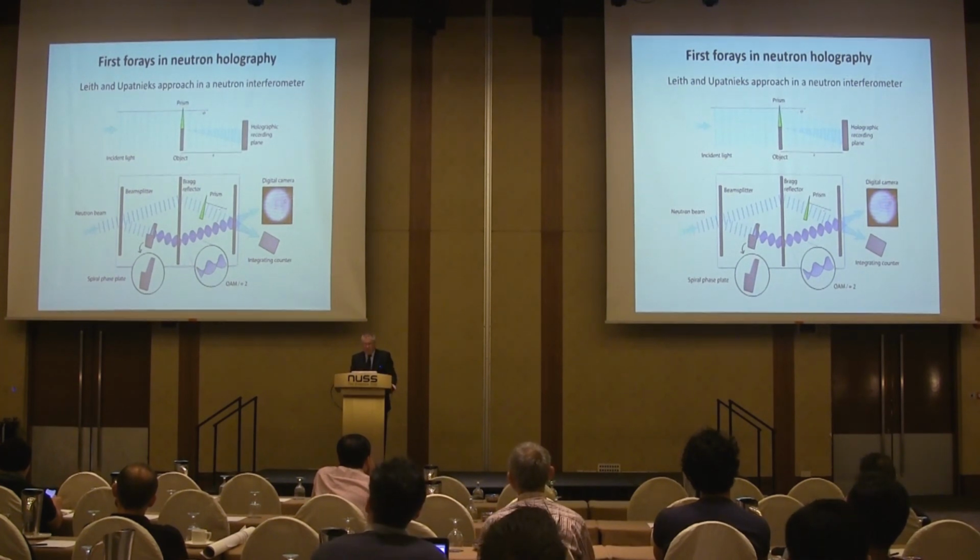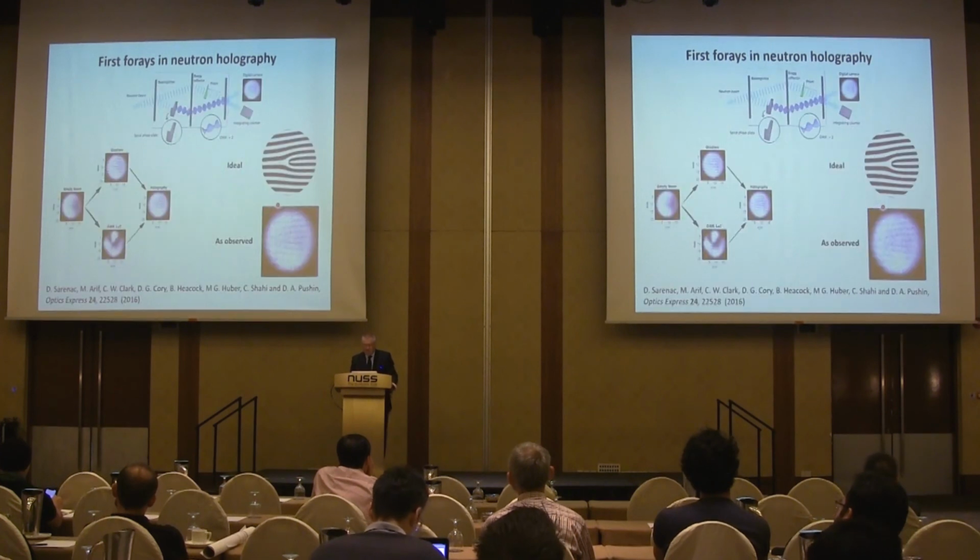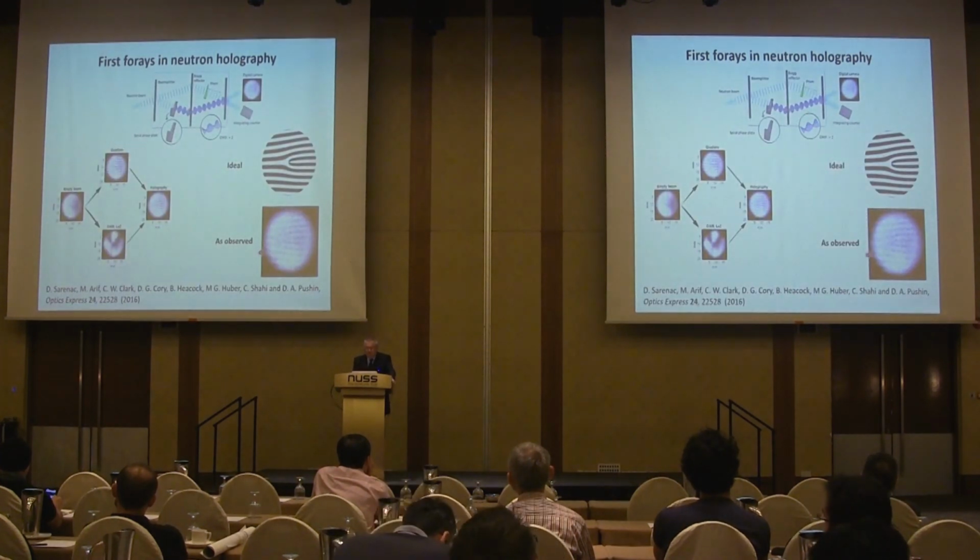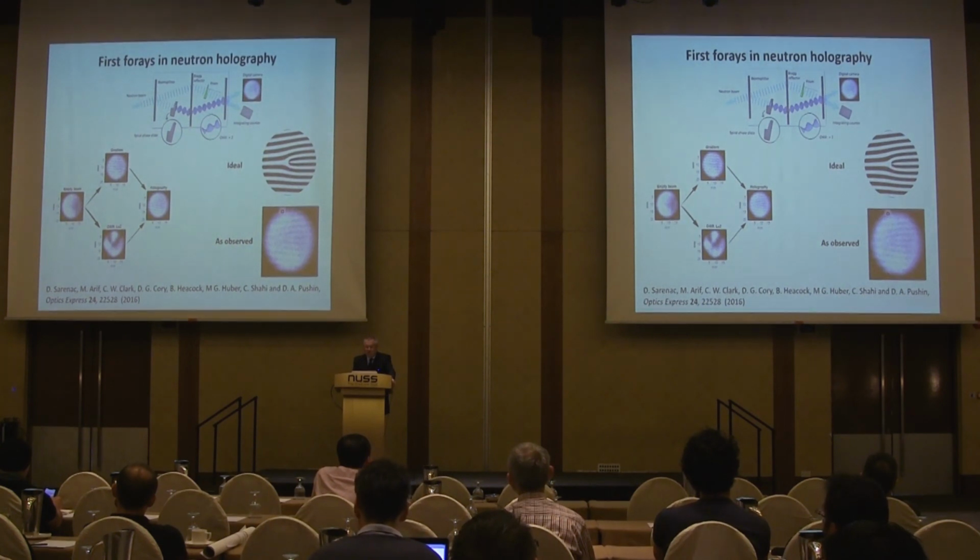And here's the resulting image. It's to be contrasted with the ideal image associated with a wavefront twist of 2, the so-called forked dislocation image.